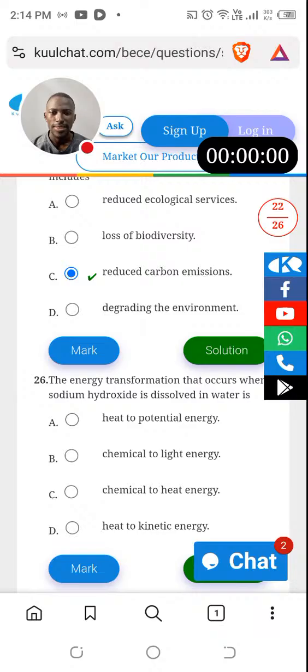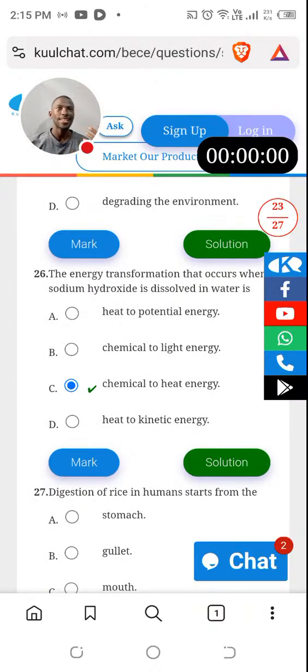The energy transformation that occurs when sodium hydroxide is dissolved in water. Heat to potential. Chemical to heat energy. Good.